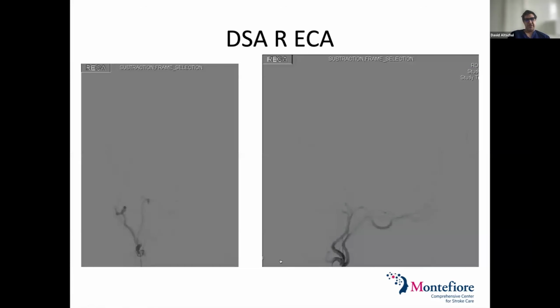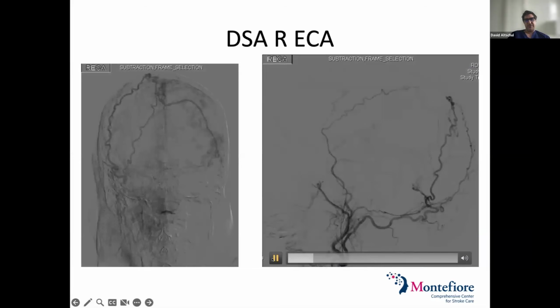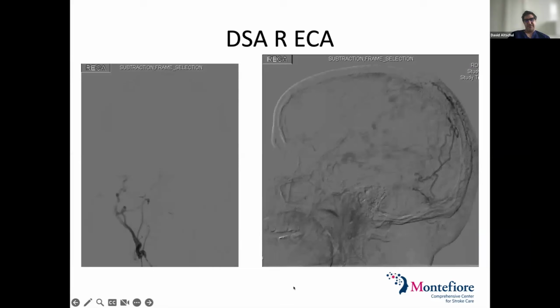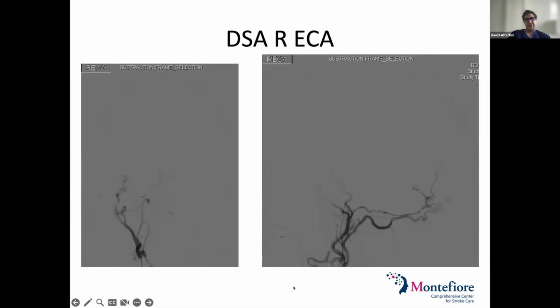But there was some contralateral dural supply from ascending pharyngeal and occipital. So this one, to me, looks very similar to Eytan's case, just on the other side. And I'll stop there.